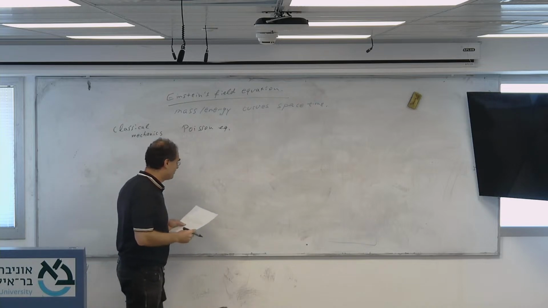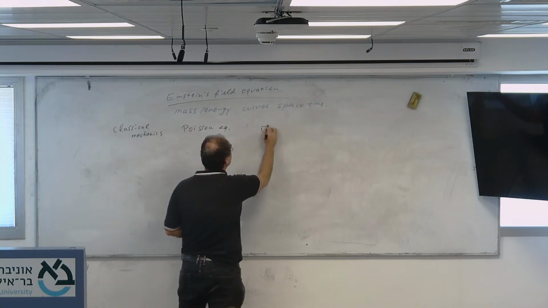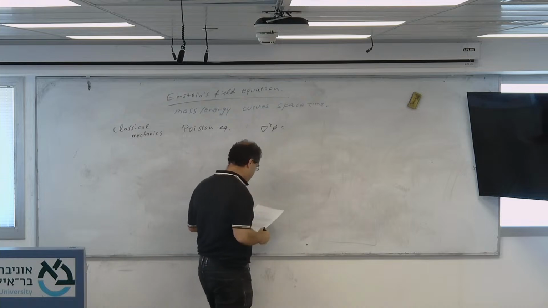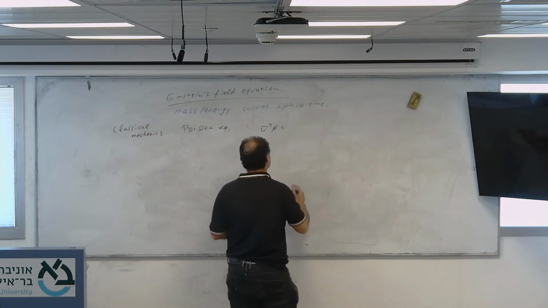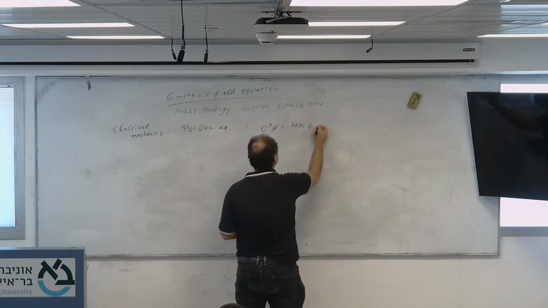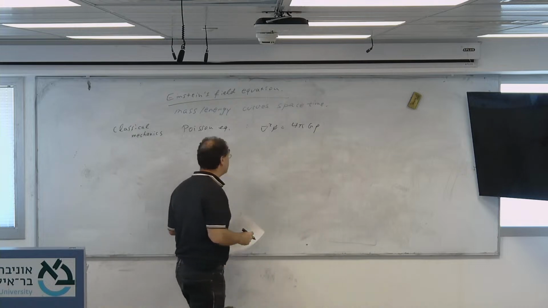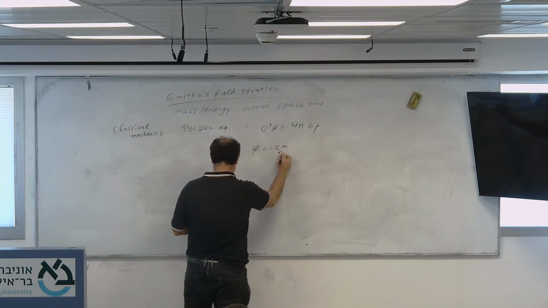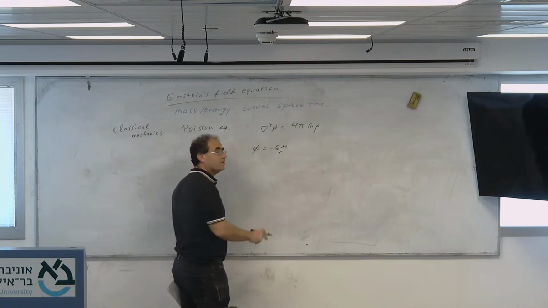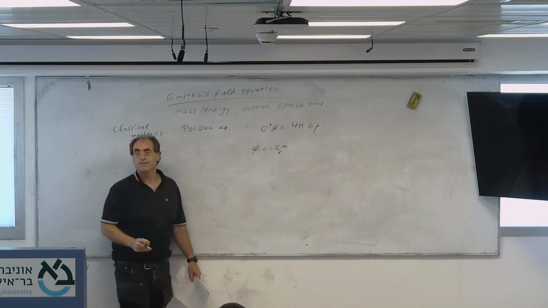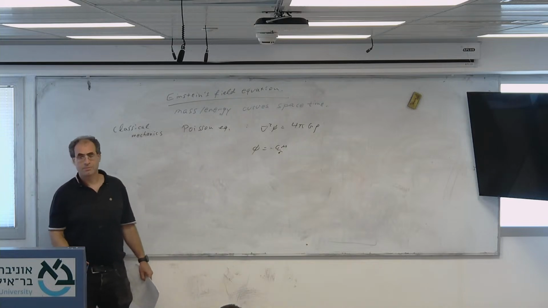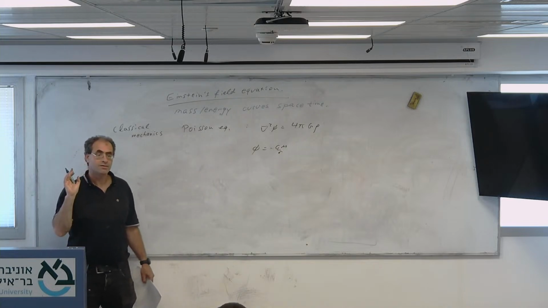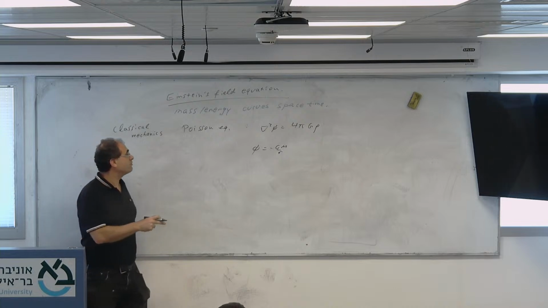The Poisson equation is nabla squared phi equals 4 pi G rho. Why do I write phi? Normally you write minus GM over r, but that is true only for a point particle.